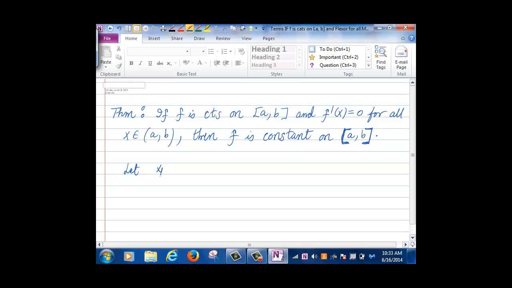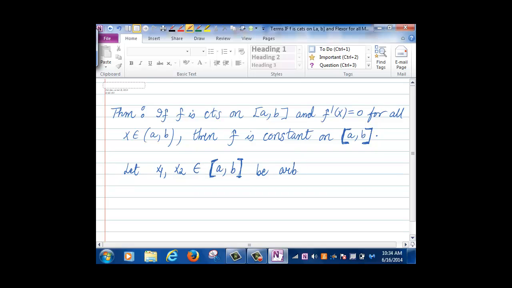Let x1 and x2 be in this interval from A to B, be arbitrary, okay?